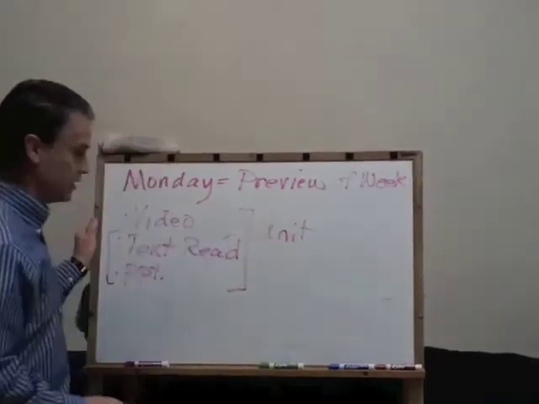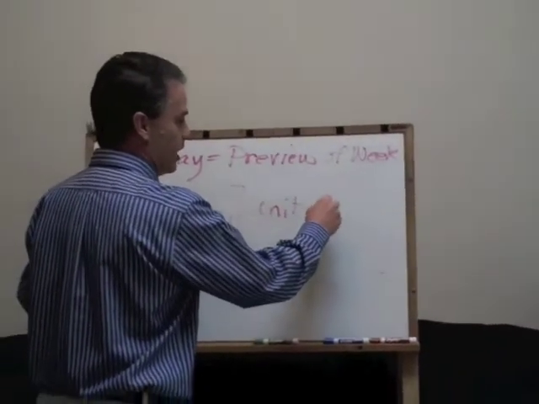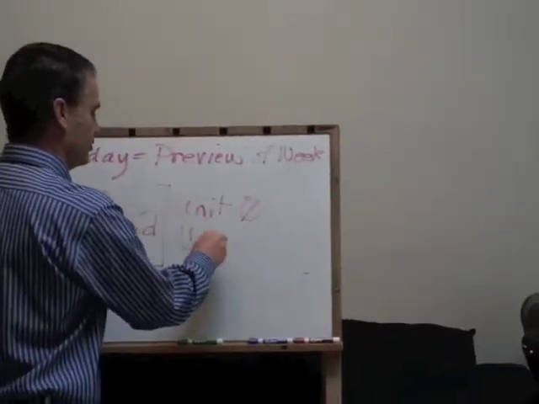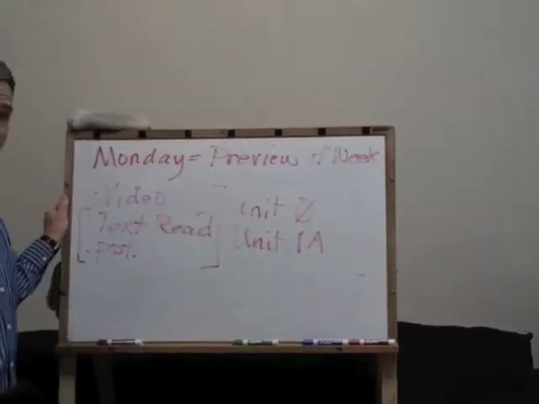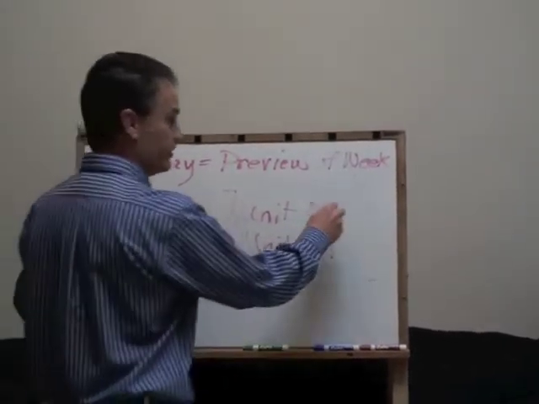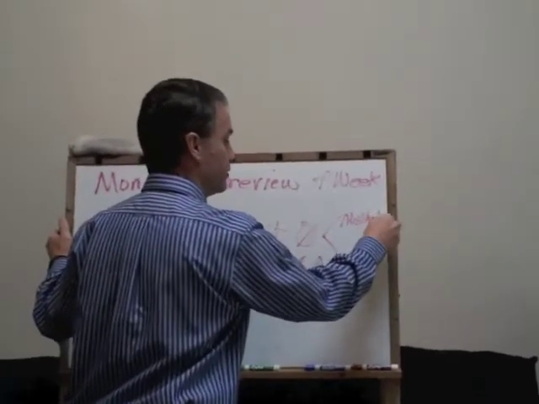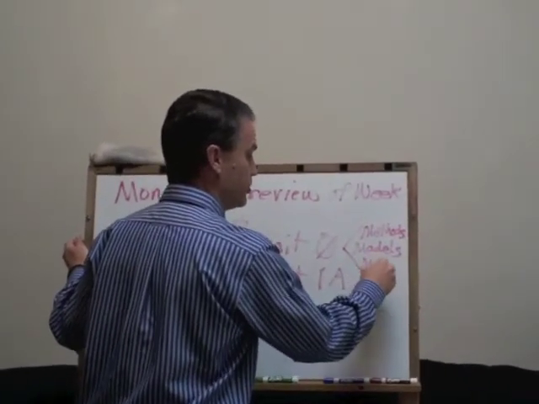And then for the unit, for instance, this week we're looking at Unit 0 and Unit 1A. It's just the first of 3 parts on motion. This has to do with methods, models, and measurements.